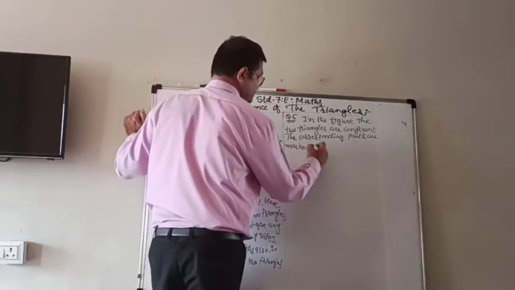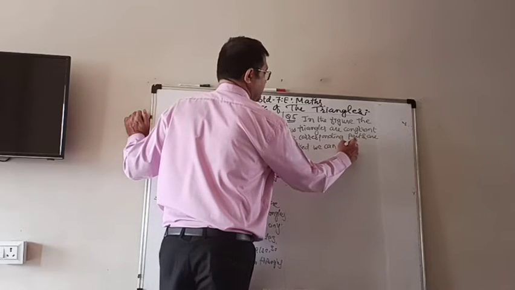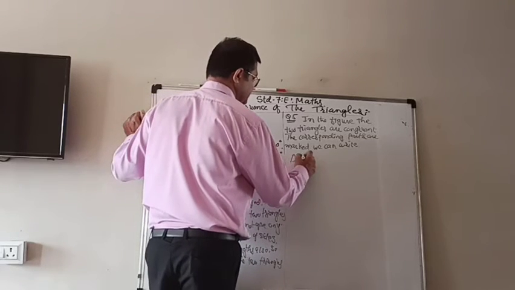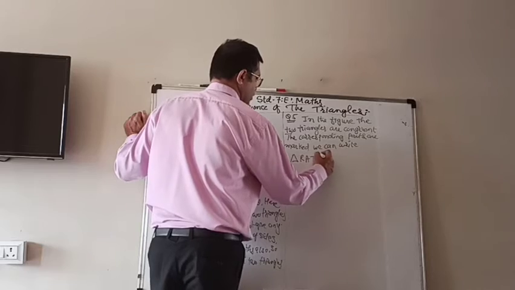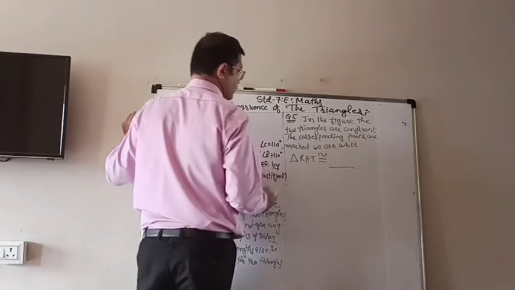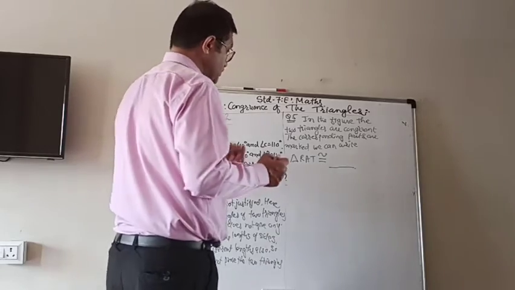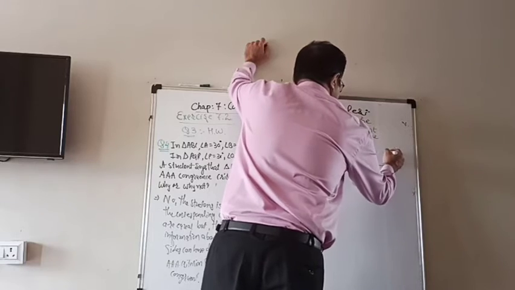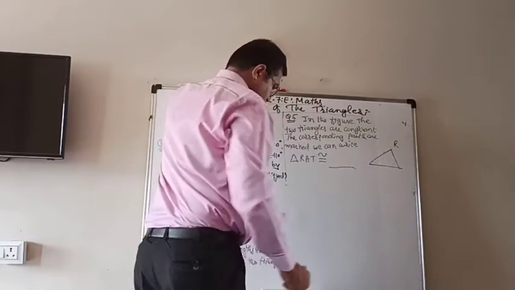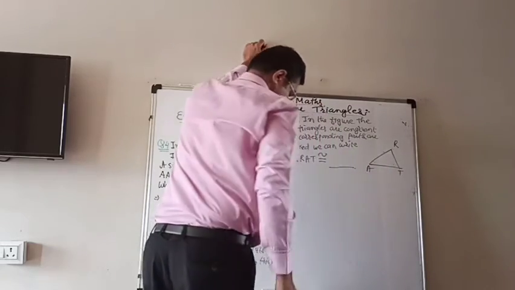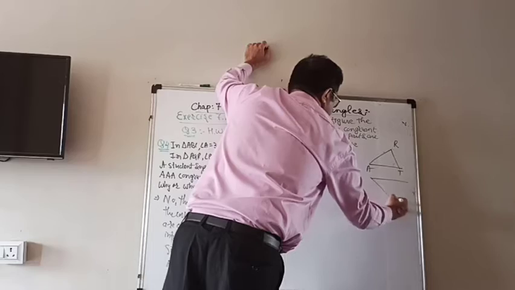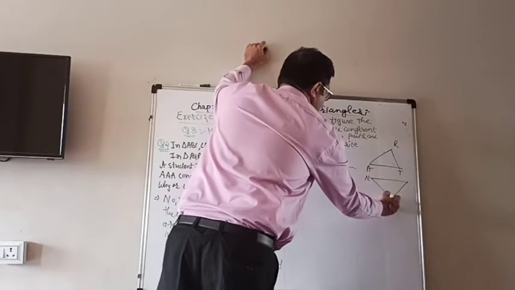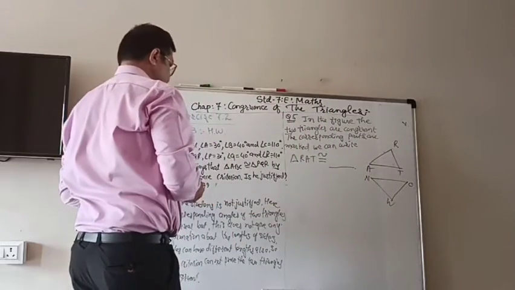We can write triangle RAT congruent to, whatever that we have to write down. The figure is like that. That is RAT, and the other triangle is N, here W, then here is O.